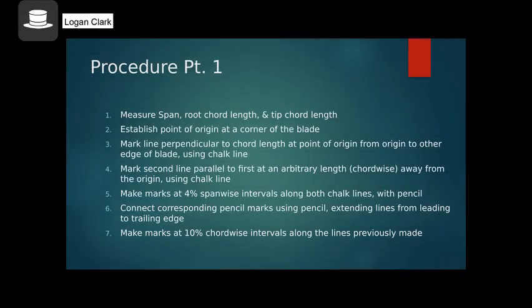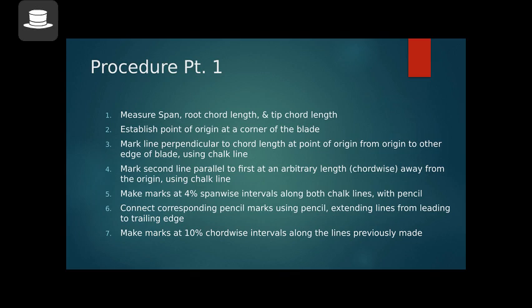To begin our procedure, we first measured the span, the root chord length, and the tip chord length of all three blades. Next, we established a point of origin that was the same on all three blades. After that, we marked a line perpendicular to the chord length from the point of origin using a chalk line. We then marked a second line parallel to the first at an arbitrary distance away, also using a chalk line.